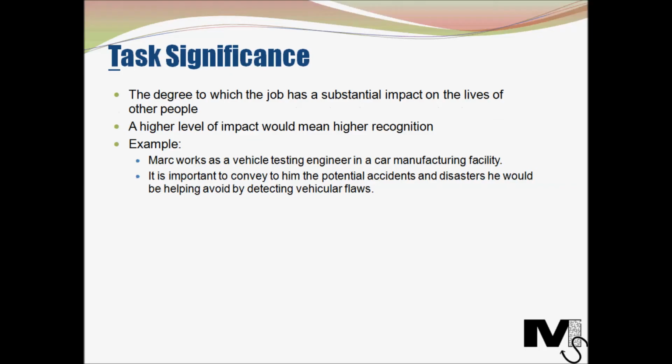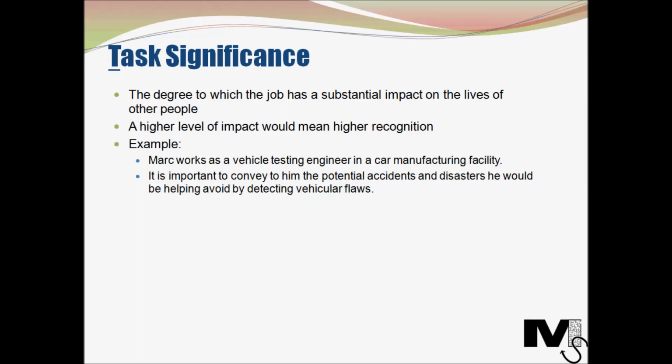Okay, now the third type is task significance. This is the degree to which a job has a substantial impact on the lives of other people, whether those people are in the immediate organization that we're talking about or in the world, really. So you see, human beings want to achieve things.